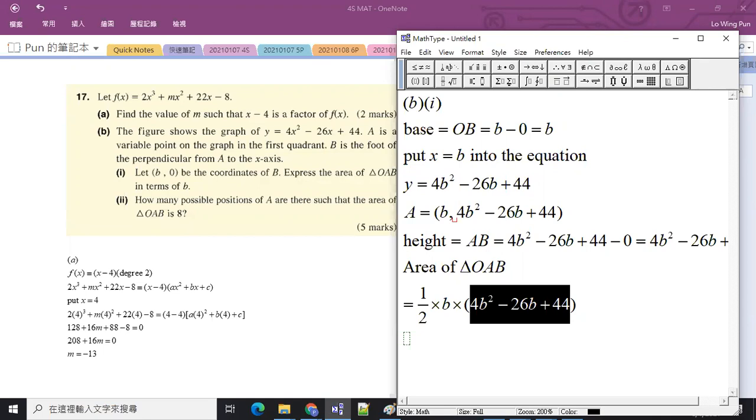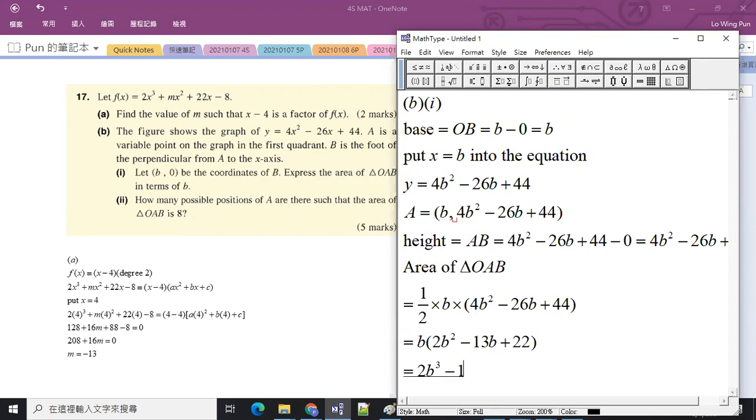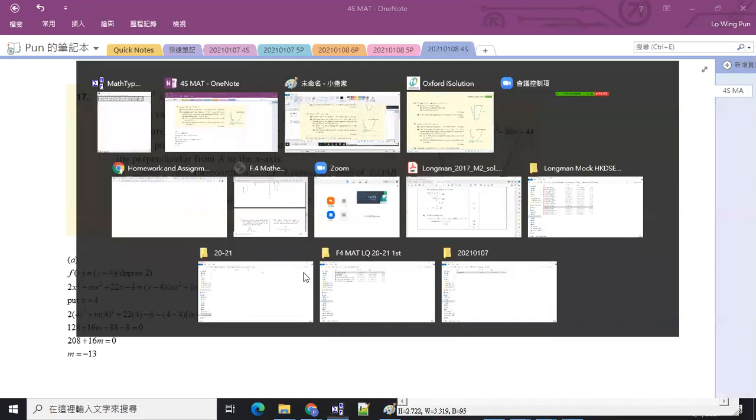So we can take out the common factor 2 from this bracket and cancel the 2 with this fraction. So what is remaining is just b times 2b squared minus 13b plus 22. Okay? Or when we expand the bracket further, 2b cubed minus 13b squared plus 22b. Okay? So this is the area of triangle OAB. Can you get this?